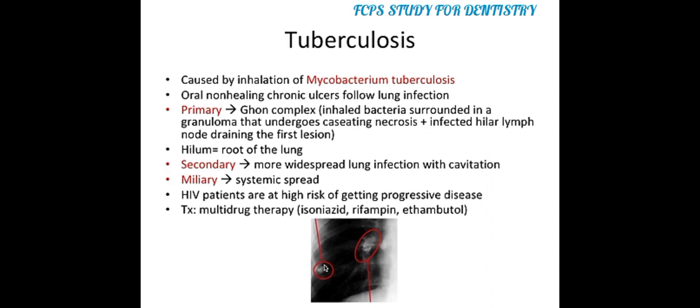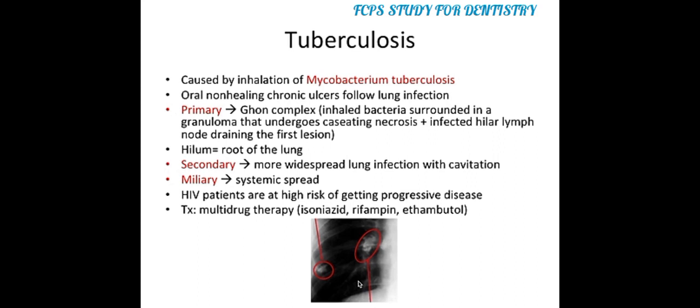And now we're having the bacteria being drained to this nearby lymph node, and that's also undergoing this same sort of process of calcification while it's appearing on the x-ray. So this is our primary TB infection with the Ghon complex associated with both of these together.